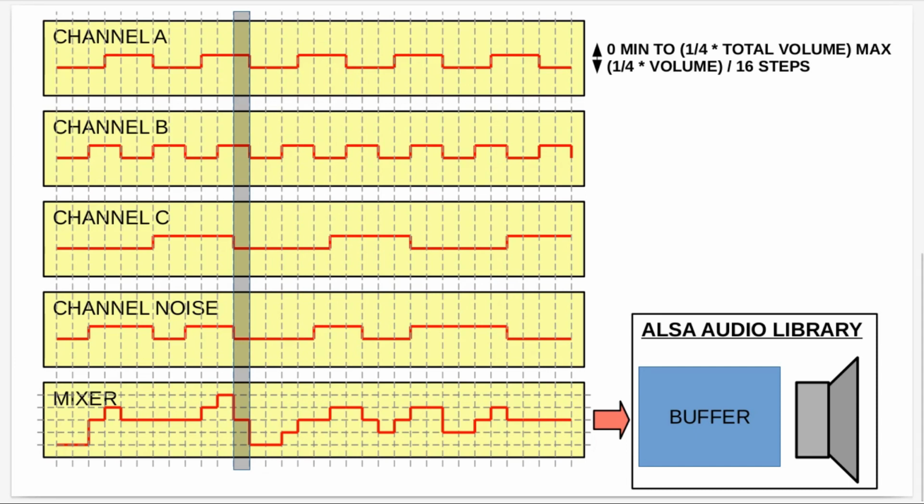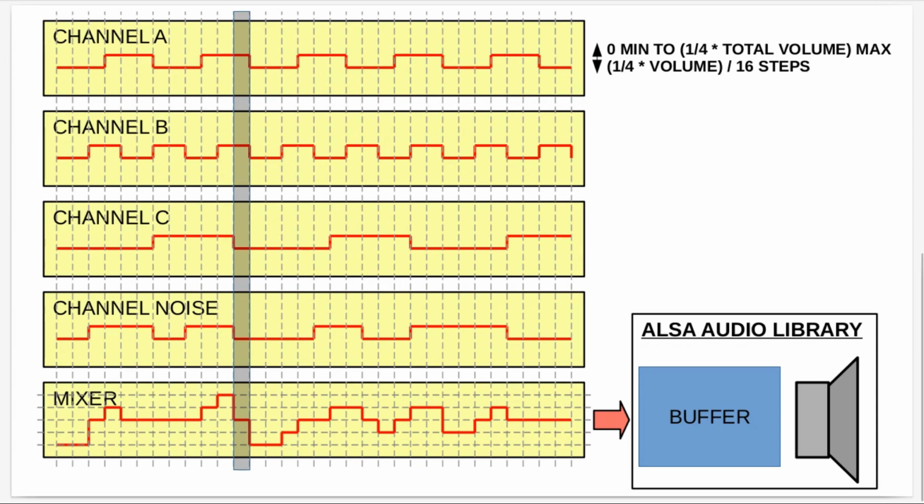If you look at this grey highlighted area, if you add up each of the channels, 1 for high or 0 for low, channel A is high, so 1, channel B is high, so that's 2, C is low, and the noise channel is low, so that's a value of 2. So if you look at the bottom where it's mixed, it consumes 2 blocks from the very bottom.